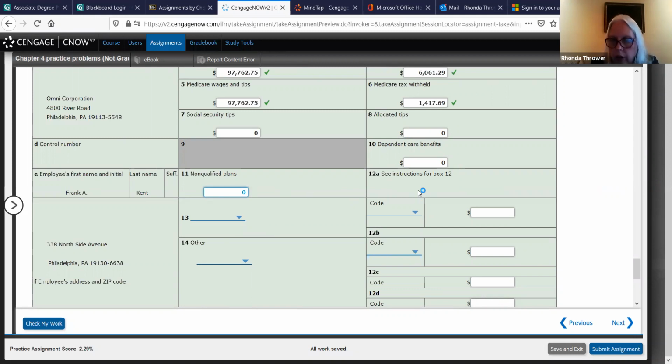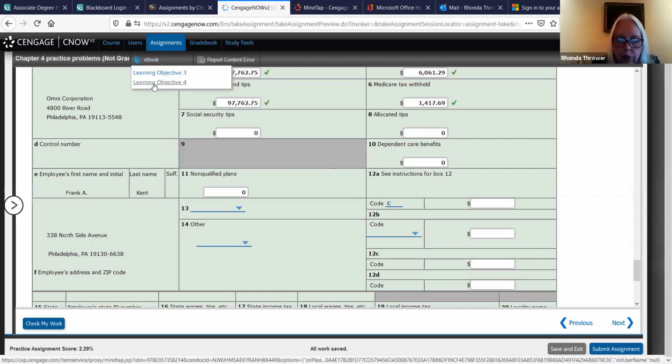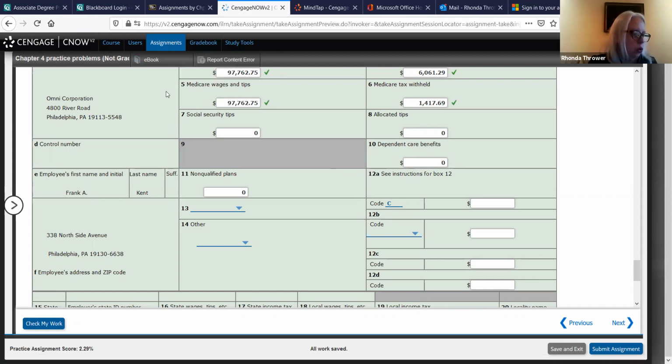And in box 12B, we're going to record code C. And to get that code, you have to look it up like we did before. So you'd have to go to your ebook, look at Learning Objective 4, go to pages 24 and 25 in your ebook, figure 4.9, and then expand the box like we did earlier, and you can look it up through the e-box.